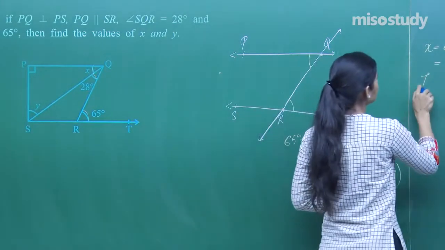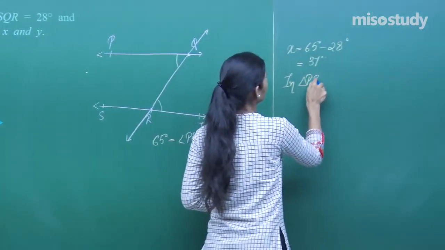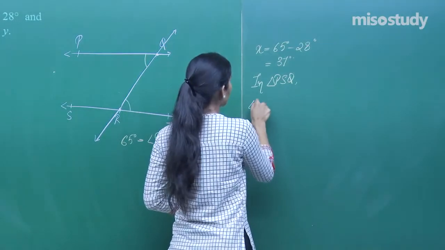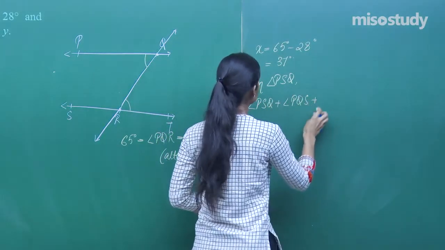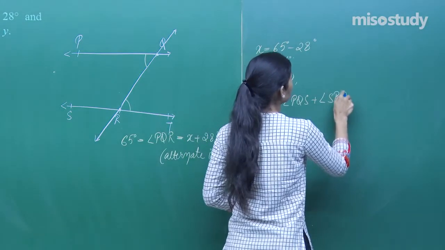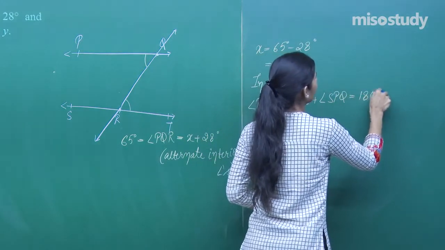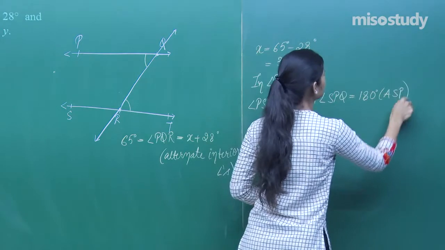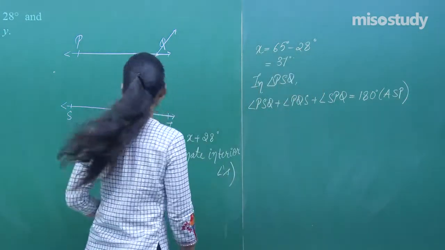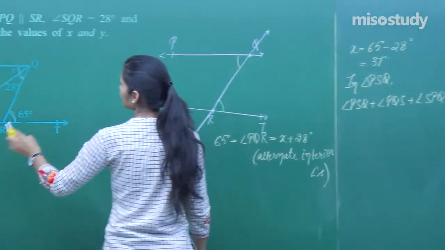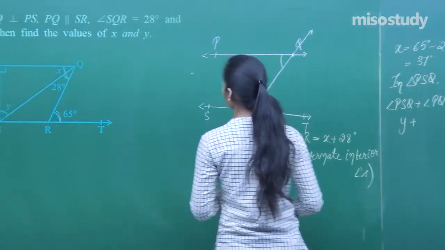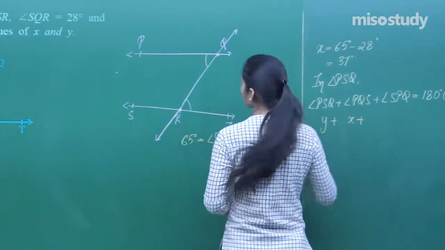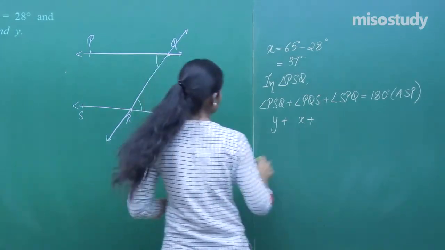In triangle PSQ, by angle sum property, I know angle PSQ plus angle PQS plus angle SPQ is 180. What is angle PSQ? Angle PSQ is Y, angle PQS is X, and angle SPQ is 90. It's given to me.